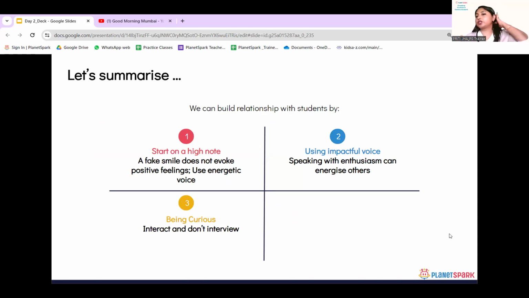Interact with the child. Ask questions, but also try to connect with the child while you are asking questions. Let the child have his own say as well. Listening actively. Maybe you can nod, tilt your head, ask for follow-up questions, have an eye contact, and validate the speaker's points.